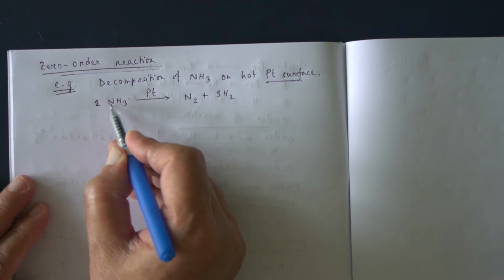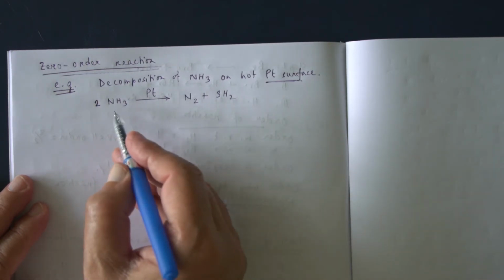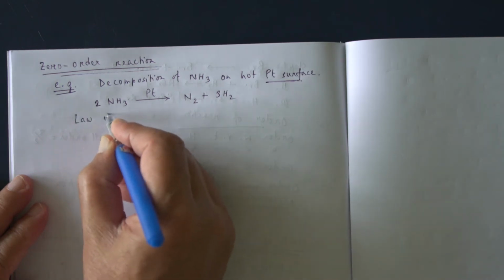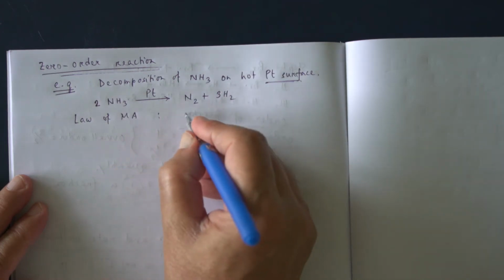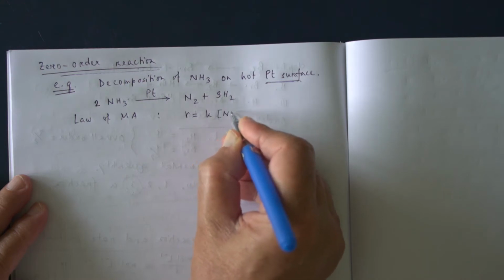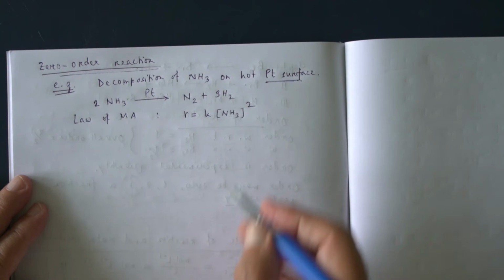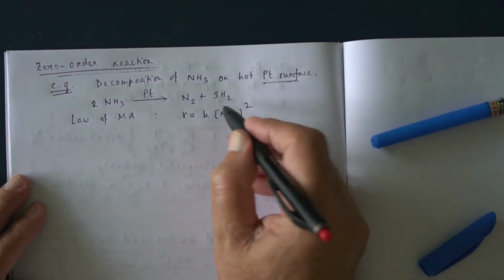If you apply law of mass action, what should have happened? We should have had ammonia square, but it is not. This is not true.